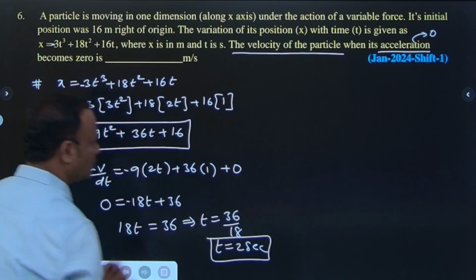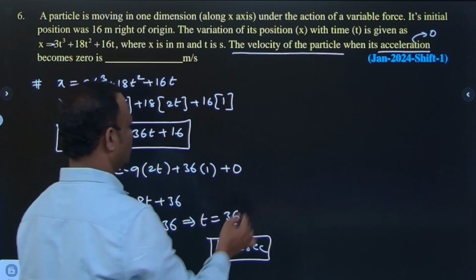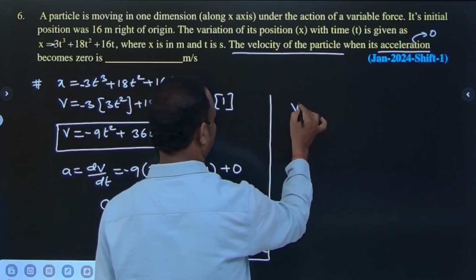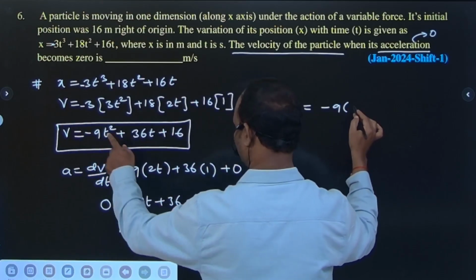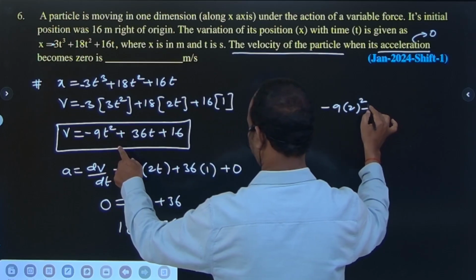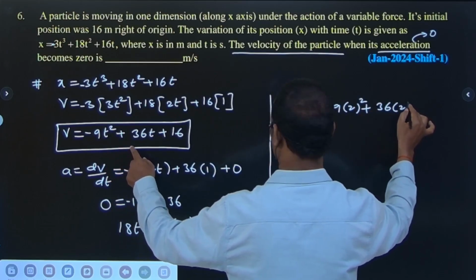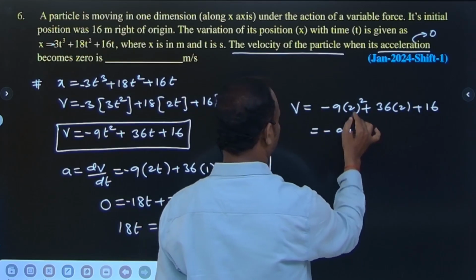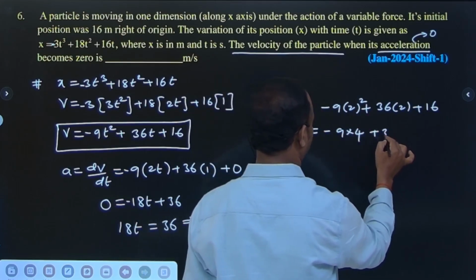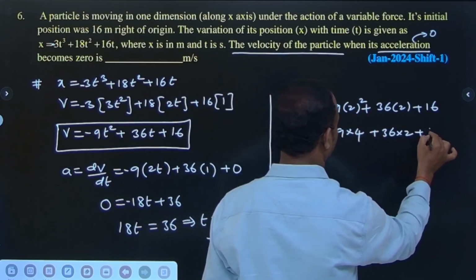When t is equal to 2 seconds, what is the velocity? Now the velocity v is equal to minus 9 into t, that is 2 square, plus 36 into 2 plus 16. Minus 9 into 4 plus 36 into 2 plus 16.